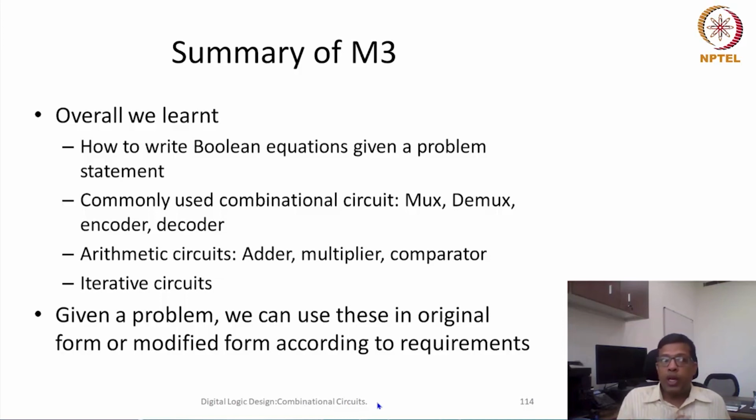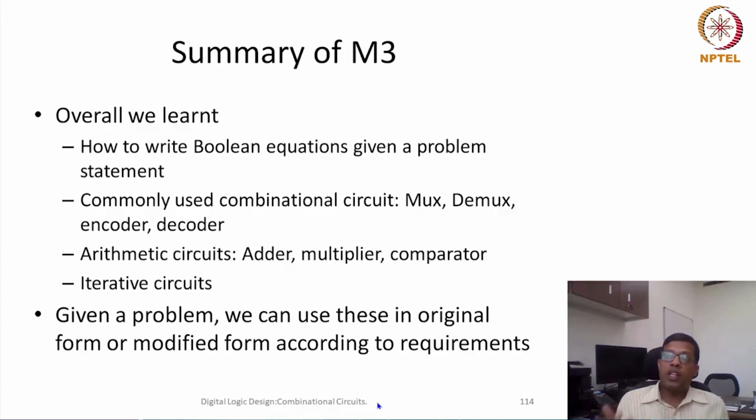It could be quite possible that we may not be able to design directly using them, but during this whole module we have not only learned how a multiplexer works, but we have also learned how to design a multiplexer. We have not only learned how a demultiplexer can be used, but we have also seen how to design a demultiplexer or a decoder or an encoder.